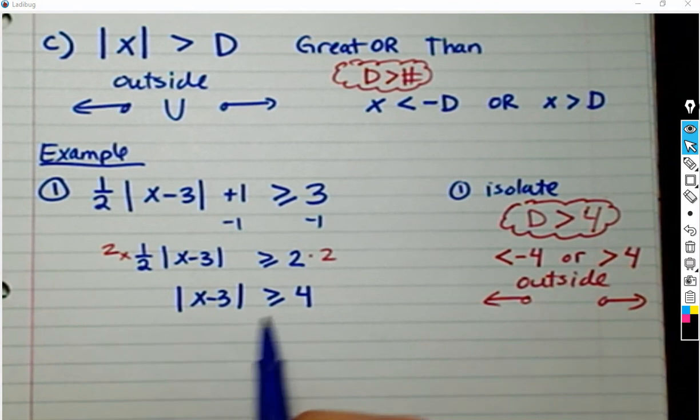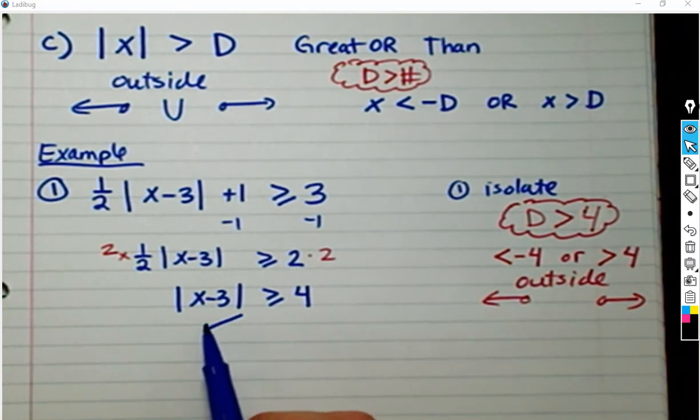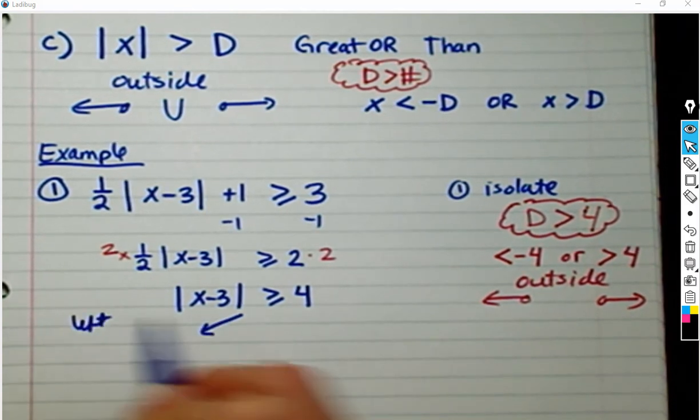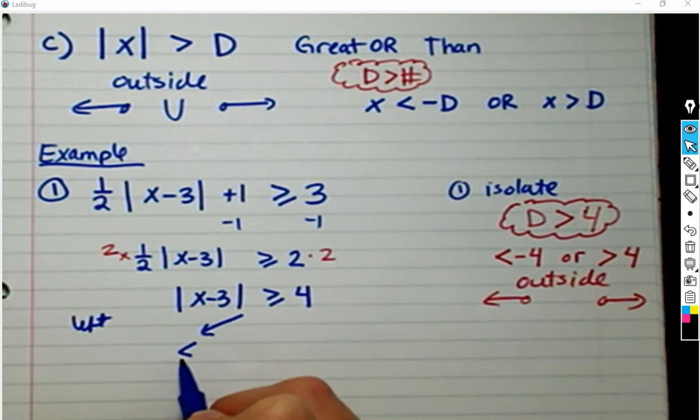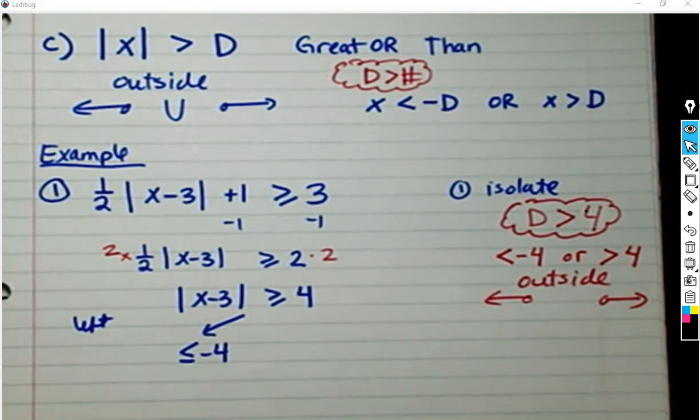Okay. So right here, I have to go to the left of the left side. That's why it says less than.